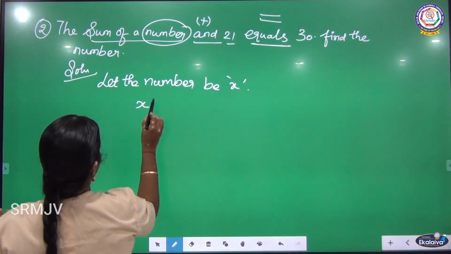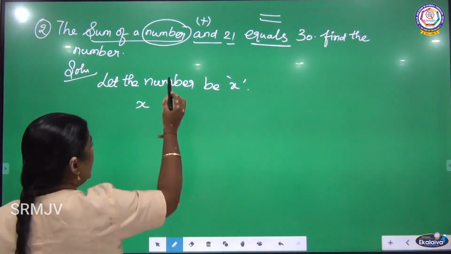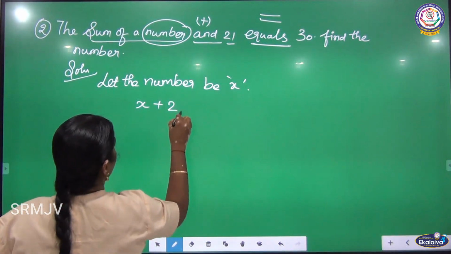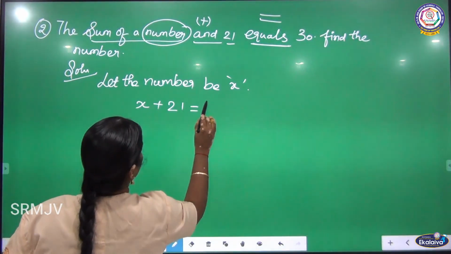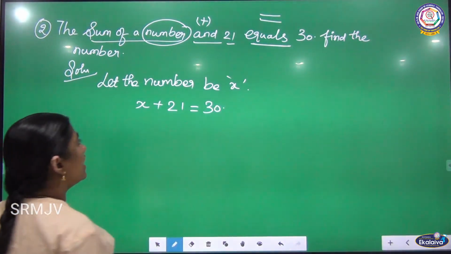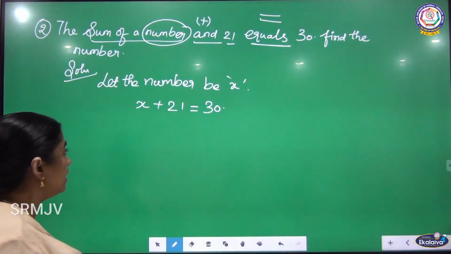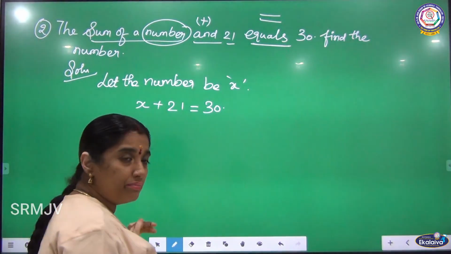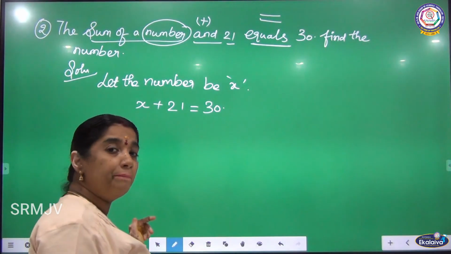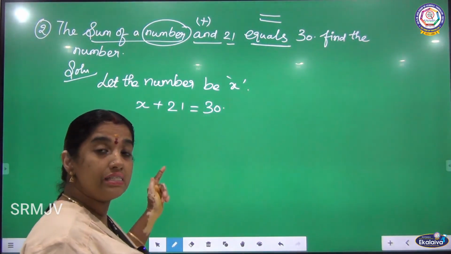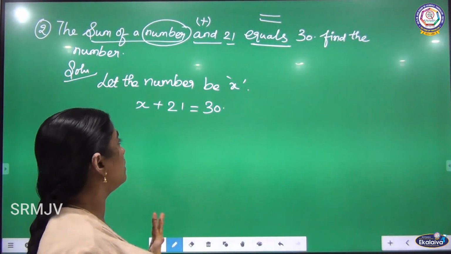So x plus 21 equal to 30. Can you clear this? So according to the statement I have framed the equation. Number plus 21 is equal to 30.